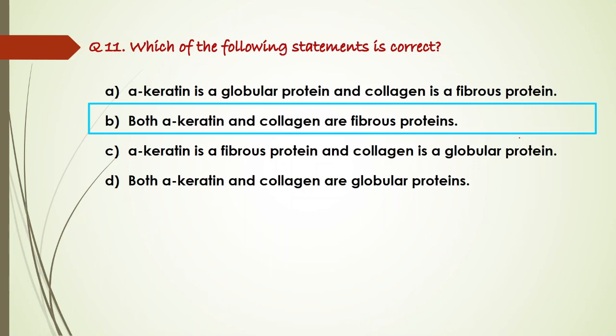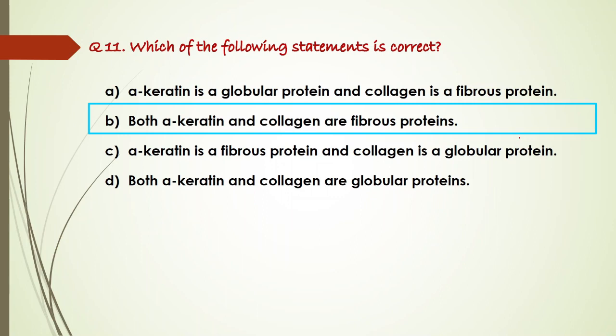If alpha keratin, found in your hair, were a globular protein, then it would have been gone every time you take a bath, but it is not. So alpha keratin is a fibrous protein that is not soluble in water. And collagen you can generally find in your skin, bones, any kind of connective tissues where you need strength.